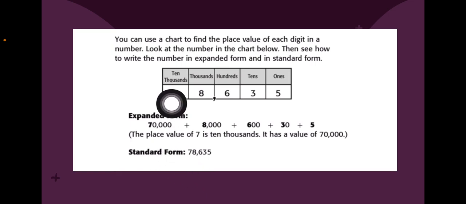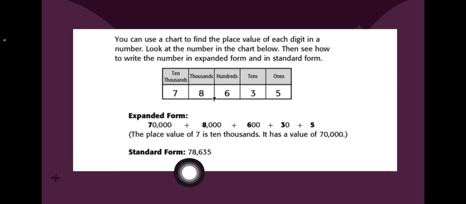Okay, we have here the standard form, like here 7, in thousands 8, in hundreds 6, and tens 3, and ones. Like we learned before, we have 2 or 3 forms, but here expanded form and standard form.